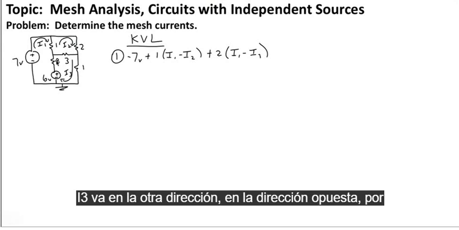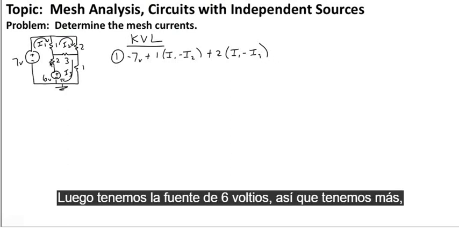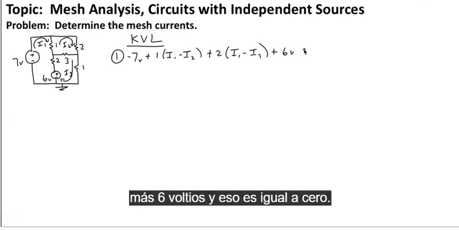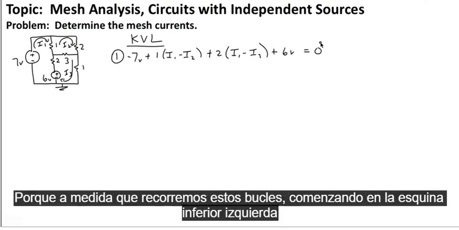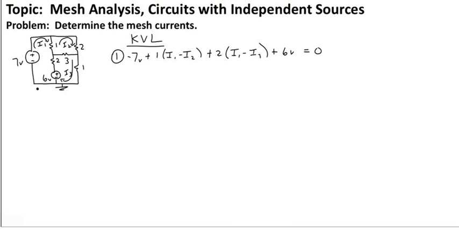I3 is going the opposite direction, so it has a negative polarity associated with it. We then have the 6-volt source. So we have plus, since we have the positive polarity of the 6-volt source first, plus 6 volts, and that's equal to 0. Because as we go around this loop, starting at the lower left-hand corner, we encounter those 4 voltage drops back to our original starting point.